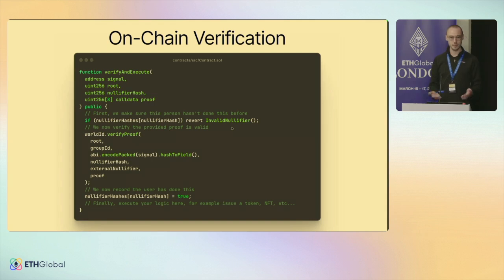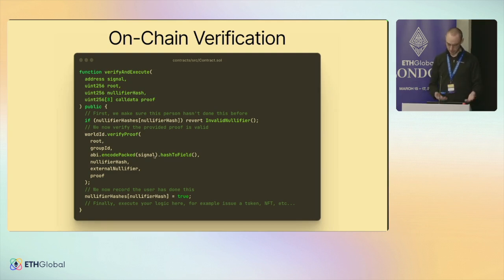That group ID determines which credential we're verifying for, but only the orb credential is supported on chain at this time. So you can hard code that to 1 if you'd like. And then input the signal. So we ABI encode it and hash it a specific way for the protocol. That hash to field function is defined in our smart contract template.